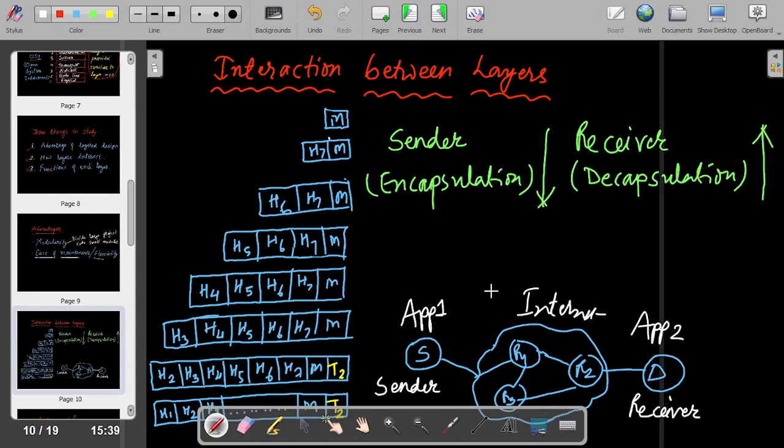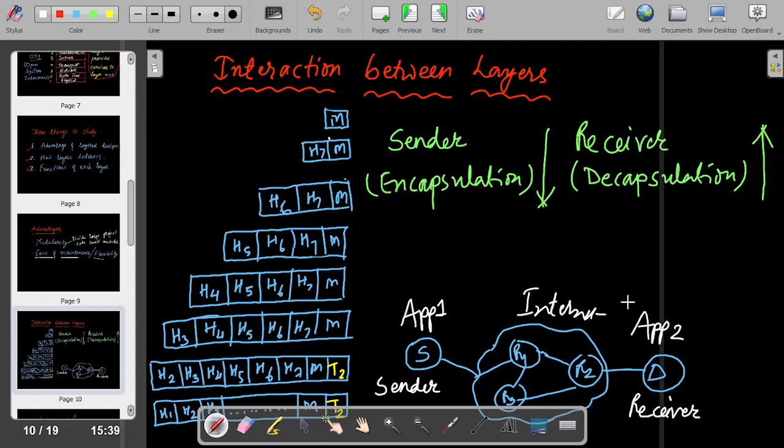The question will come, then what is present in the routers? In routers, the bottom 3 layers are present, that is till the network layer.